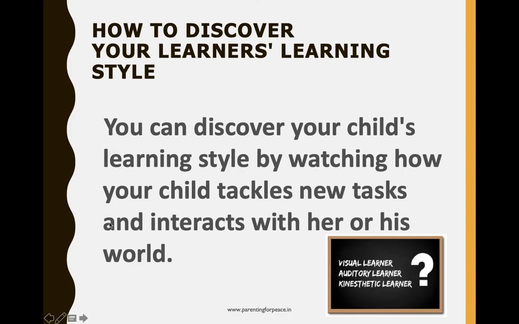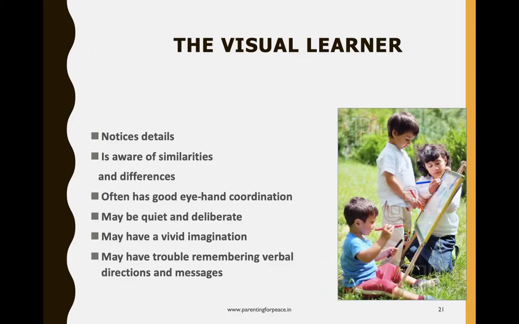Okay, and here I will show you the slide. What are the characteristics that we can capture to conclude whether they are visual, auditory, or kinesthetic. This one, the visual learners, they notice details, they are aware of similarities and differences.